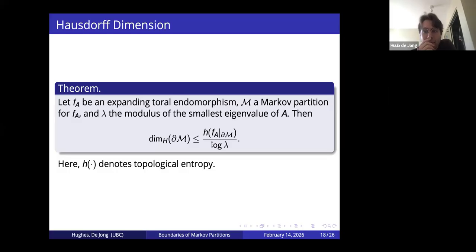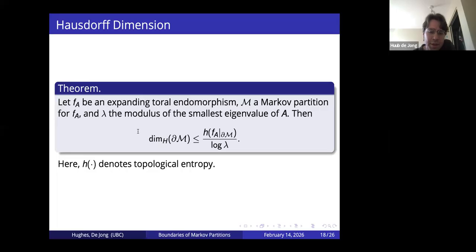And this shouldn't be a surprising bound in the sense that often we can express Hausdorff dimension as the ratio of entropy and a Lyapunov exponent. And here, this lambda is like a lower bound on the Lyapunov exponent, or I should say that log lambda is a lower bound on this exponent.